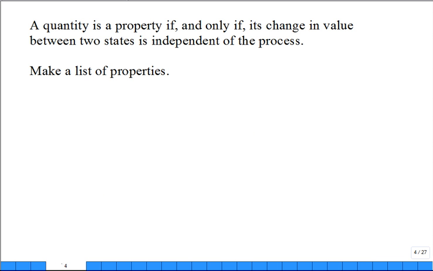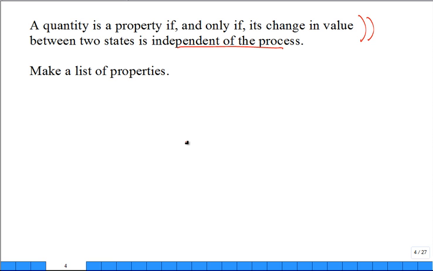A quantity is a property if and only if its change in value between two states is independent of the process. Do you remember something like that? Did we talk about this before? A property, a characteristic of the system, is a property if and only if the change between two states is independent of the process. It just depends on the endpoints, not on how you got between the two states.